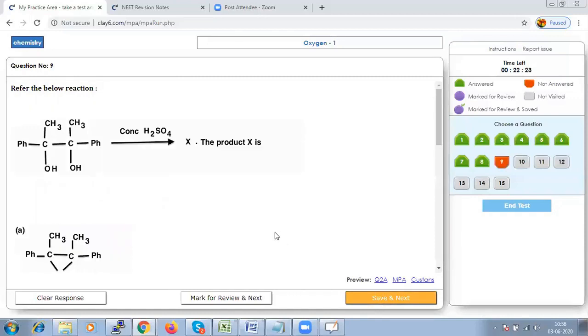When we are looking at this reaction, what should be the product for the given reaction? The reaction is known as the pinacol rearrangement, and in this reaction a phenyl group will be migrated in preference to the methyl group.